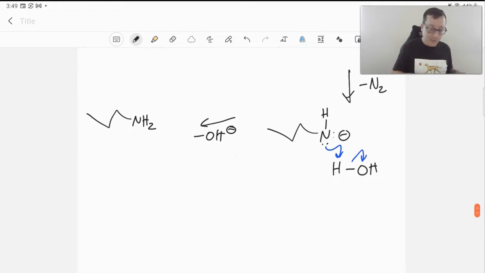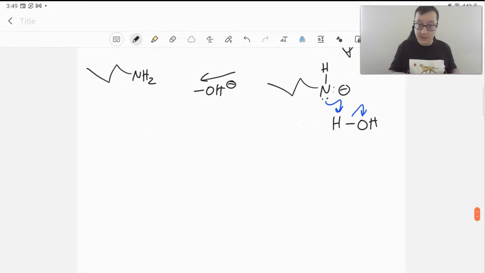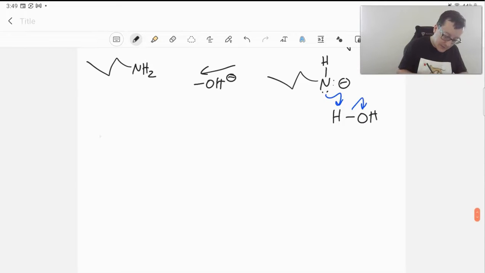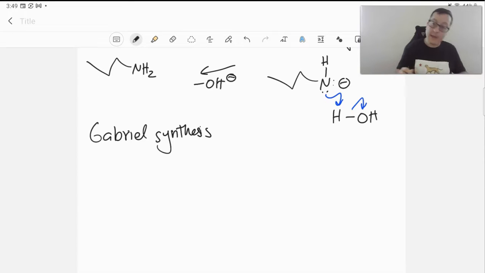That's one way. The other way, also on alkyl halides, generally primary, maybe secondary, another SN2 type reaction is called the Gabriel synthesis. And it also acts on alkyl halides.